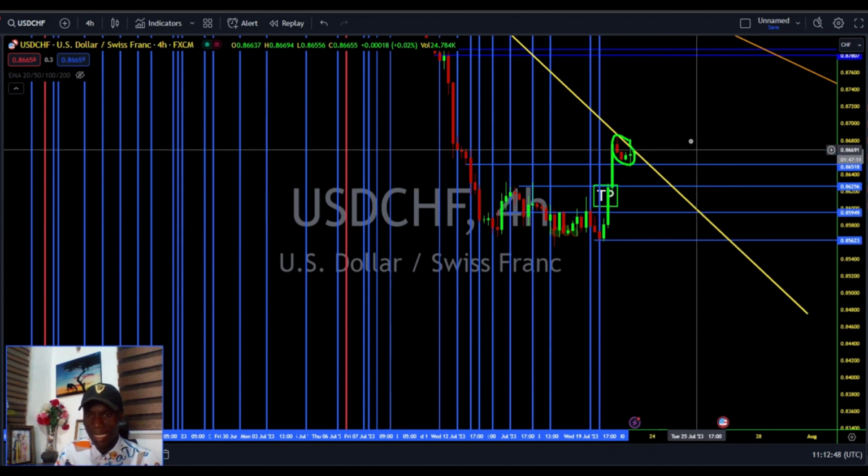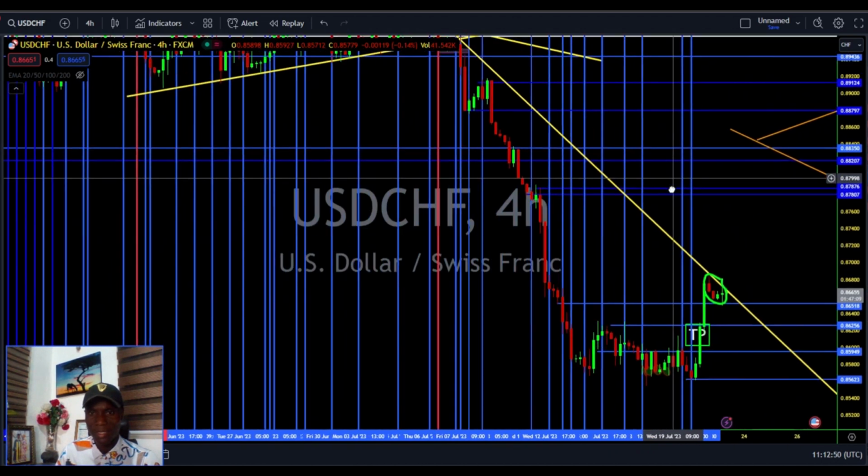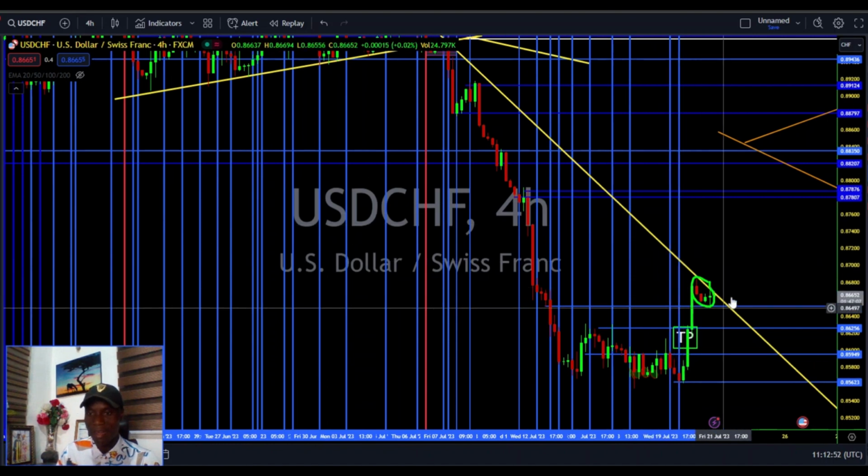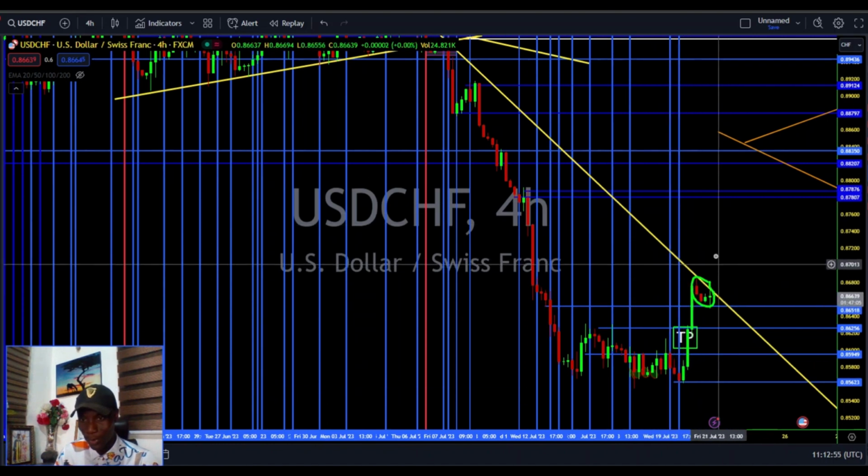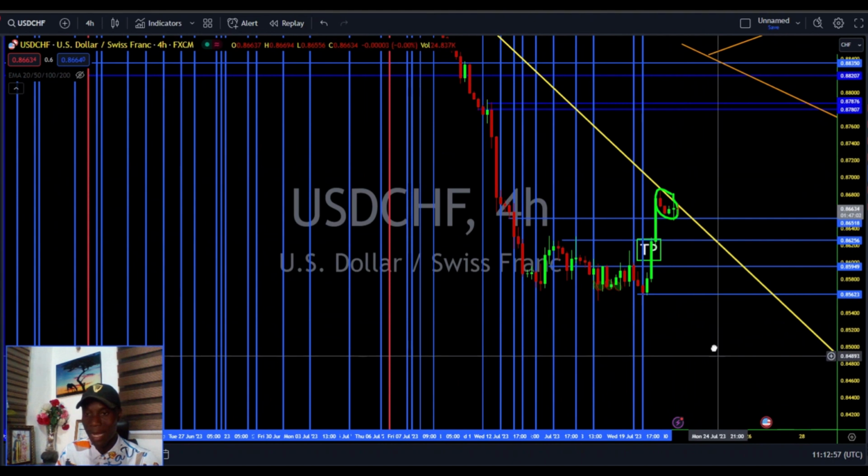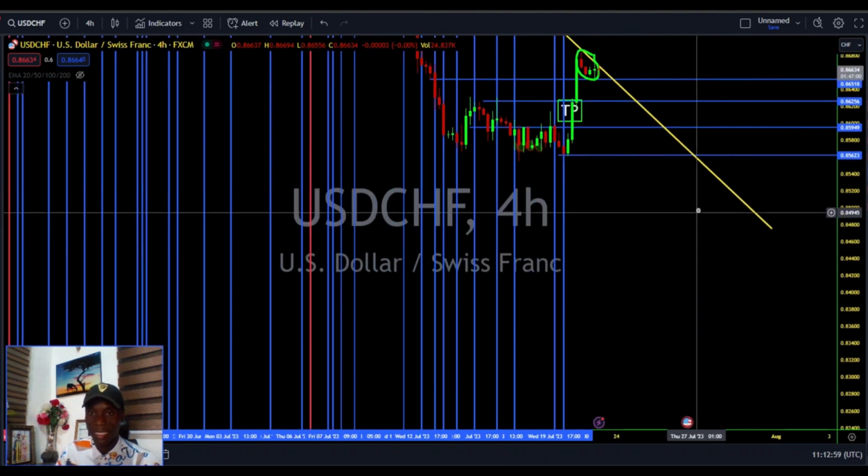In this scenario, we just had our first touch on the resistance level. So technical traders have to wait for the market to have a third touch at the resistance level.